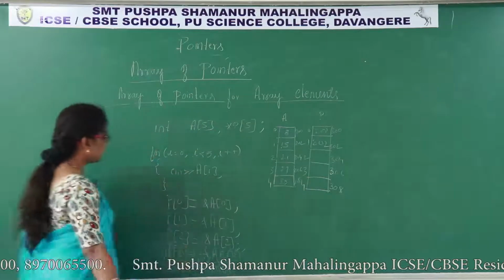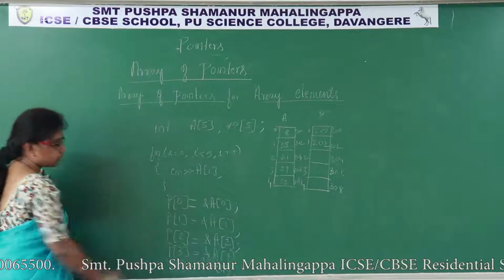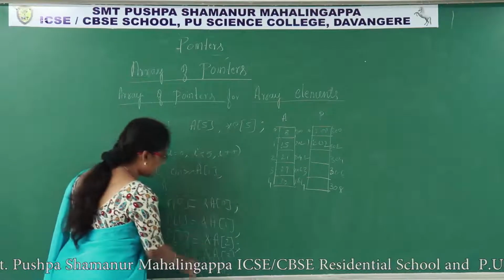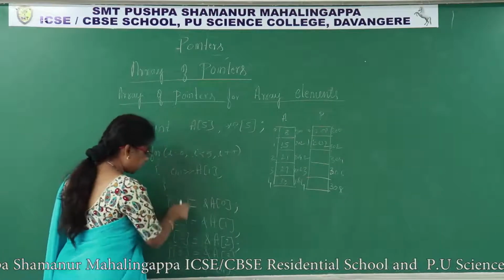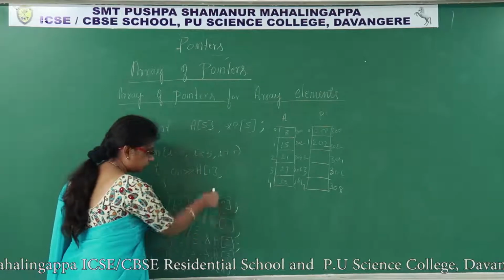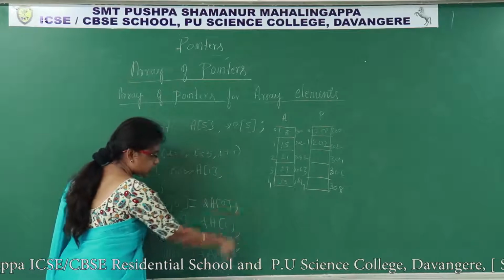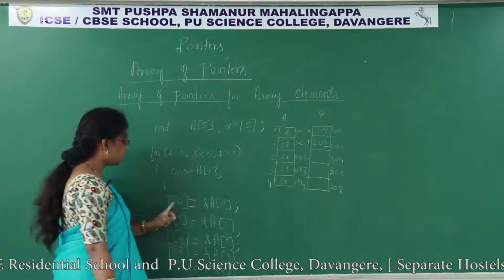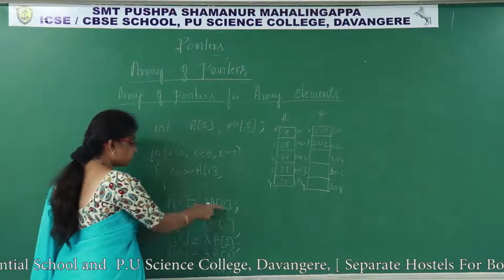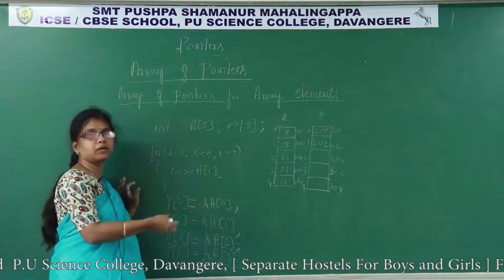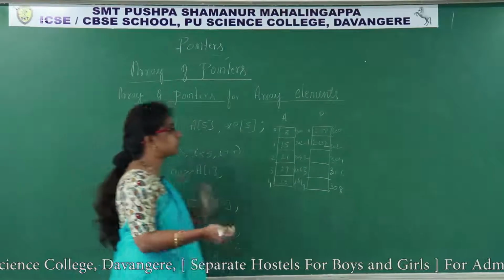See, instead of writing these many instructions, I can use a for loop because everything is common here. P is common, brackets are common, assignment operator, address operator, array name, semicolons, everything is the same. Only the varying thing is that on both sides the values are incremented by 1, so I can use a looping statement.